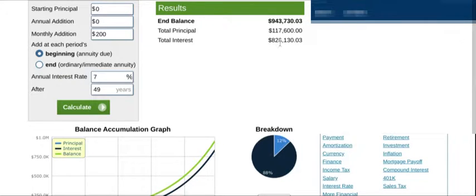And all the rest of that money, the extra $800,000, comes from interest. So you earned $800,000 in interest, which is more than 4 times the amount of money you put in, which is pretty great.